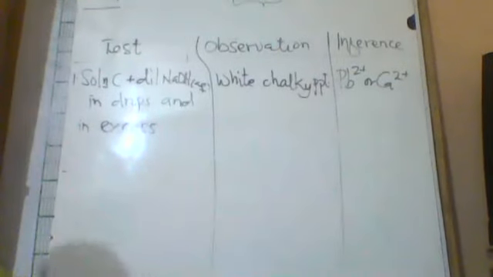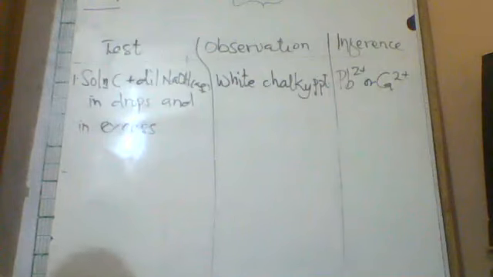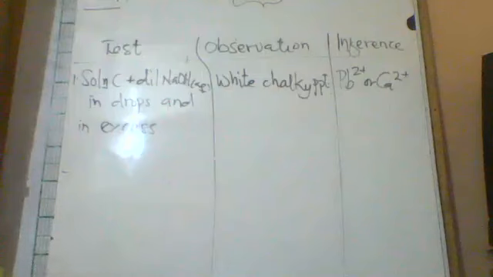What I'm saying is that I've added dilute sodium hydroxide reagent to a test solution, and there's a white chalky PPT. So I suspect Pb2+ or Ca2+ to be present.